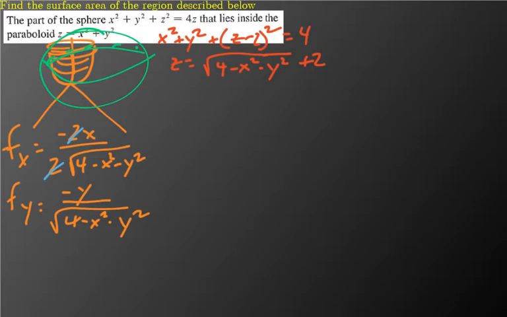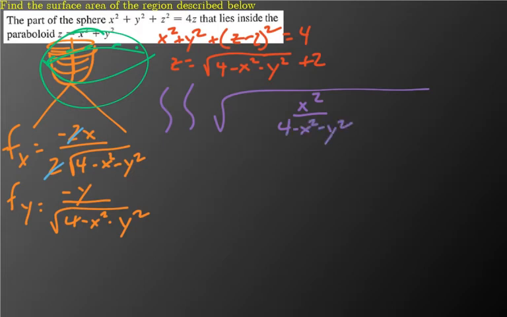So I think we'll just go ahead and plug some of this in now. If I square f with respect to x, you'll have x squared, and then the bottom would just be killing the square root. So you'd have 4 minus x squared minus y squared.